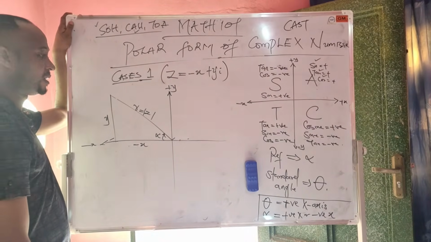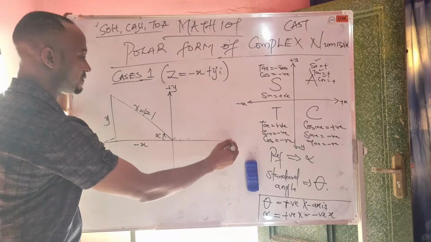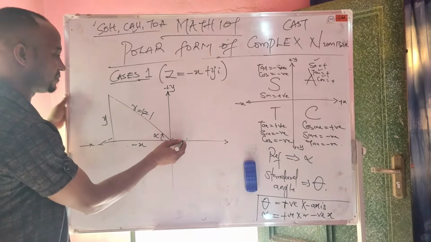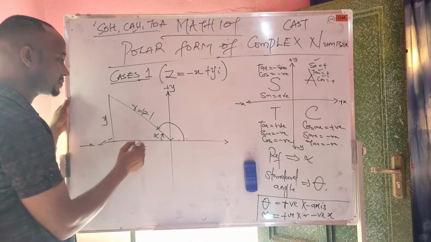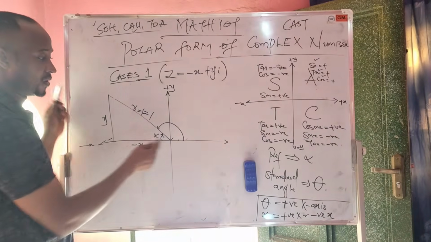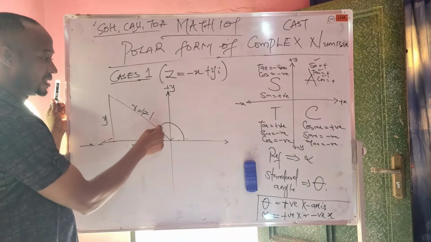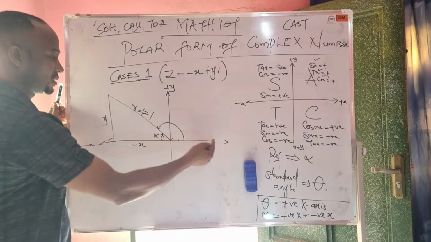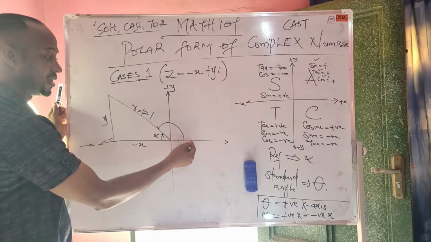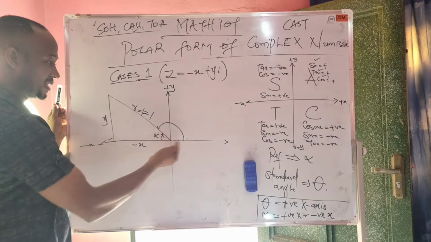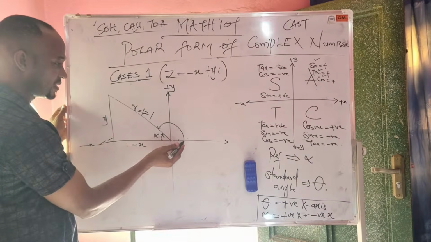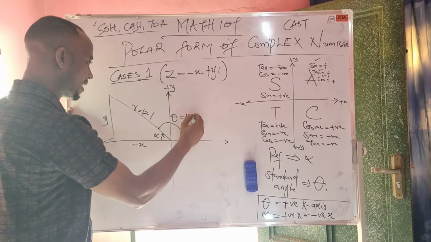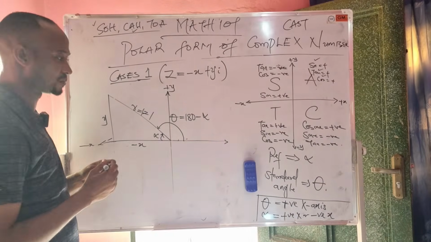Then the standard angle is always measured from the positive x-axis. That means I'm going to start from here and stop here. This is my standard angle, from this positive x-axis down to this hypotenuse line. I will not cross this line. The total angle on a straight line is 180 degrees, and if I carve out this, then theta equals 180 minus the reference angle.